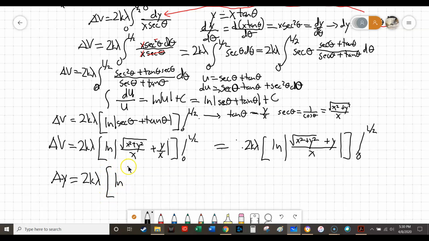Natural log, and I'm giving myself a lot more room here, square root, and x squared is distance, y is going to be L over 2 in here, so this is going to be x squared plus L over 2 squared, plus y, which is L over 2, divided by x.